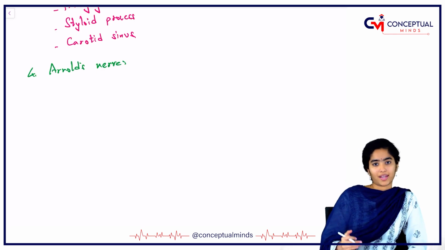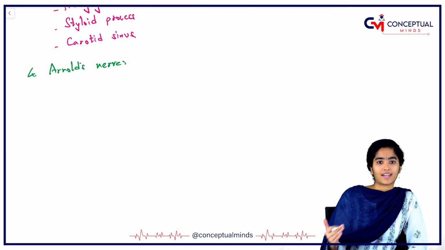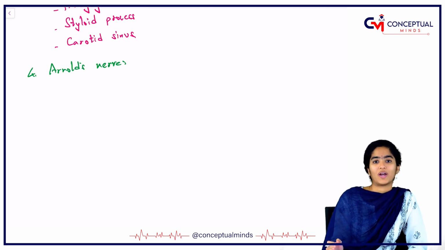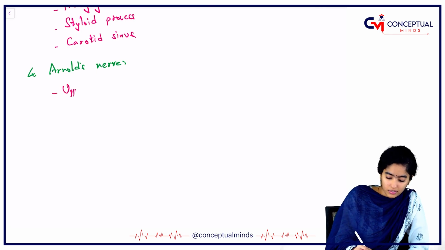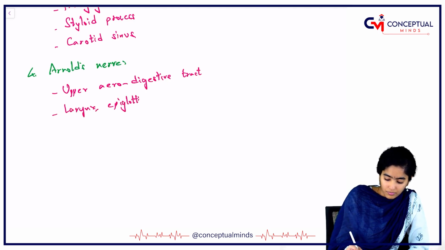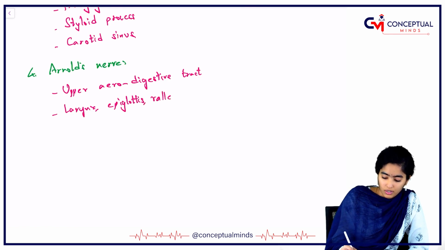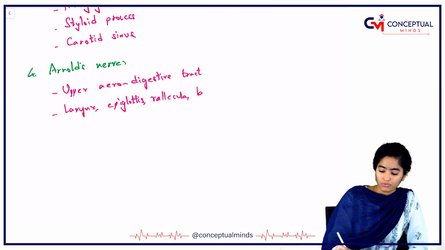Apart from that, it supplies the upper aerodigestive tract: the epiglottis, larynx, laryngopharynx, thyroid as well as vallecula.